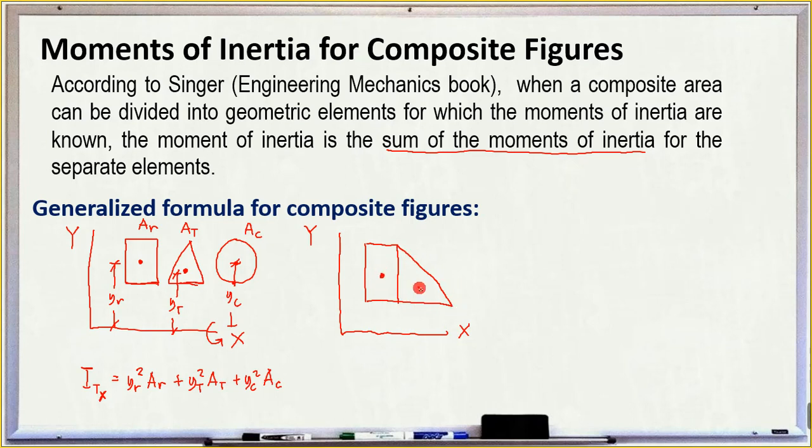So in order to know the total moment of inertia of this composite figure along a given axis, let's say the x-axis only, the same thing still. First, I should be able to determine the area of these simple figures.